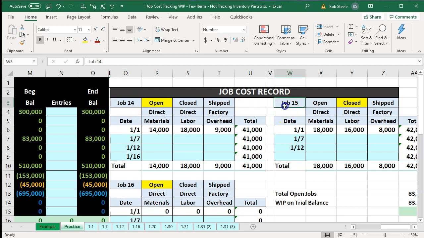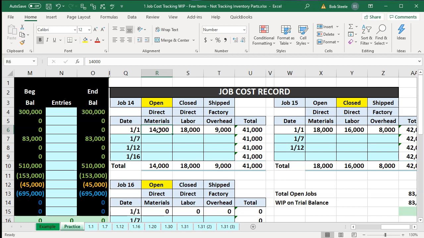Job 14, job 15, and job 16. Job 14 and 15 have information in it from a prior time period. So we're going to say we're starting in January. Back last year, we had data that's currently in there as of 1/1. Now, the current period we will be working on, including the 3 items, and we can group items into our jobs in the most generic type of term, which is going to be the direct materials, the direct labor, and the factory overhead.